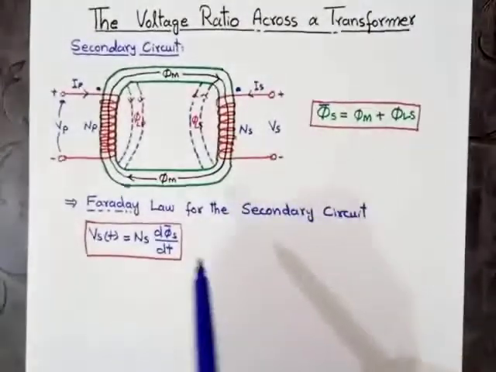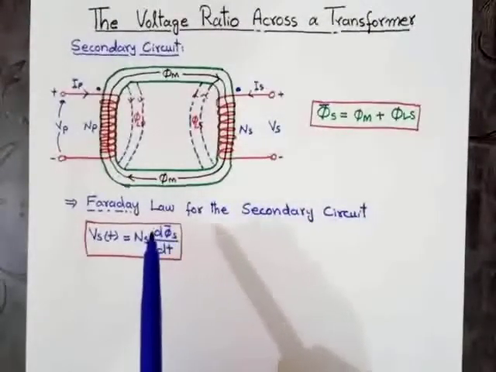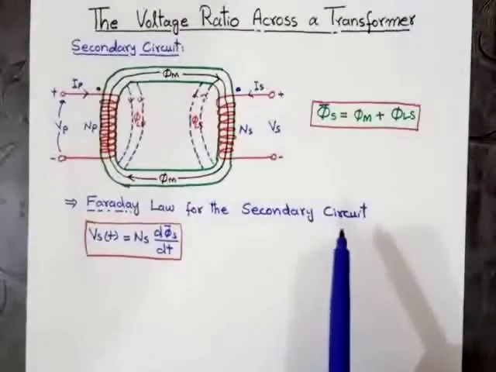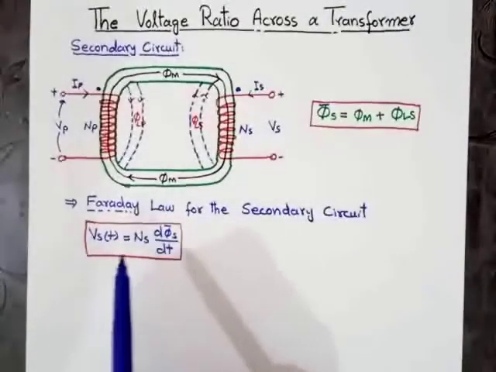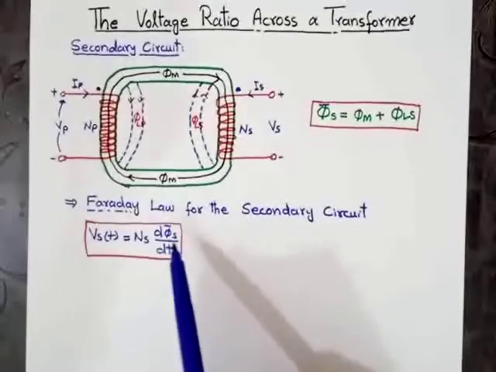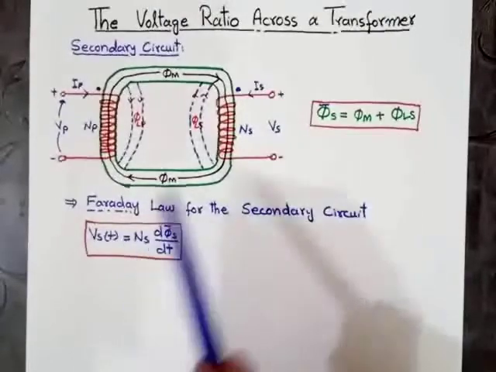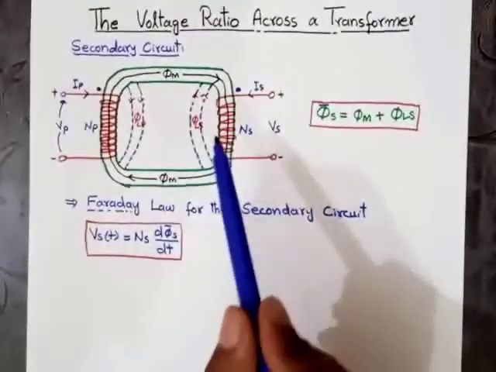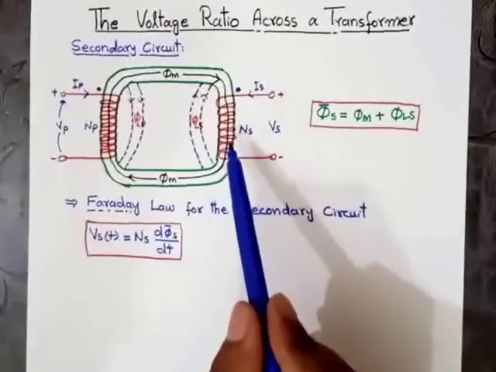As we know, according to Faraday's law of electromagnetic induction for the secondary circuit, Vst will be equal to Ns dφ'S/dt. Here φ' means average flux per turn, and Ns means the total number of turns across the secondary winding.